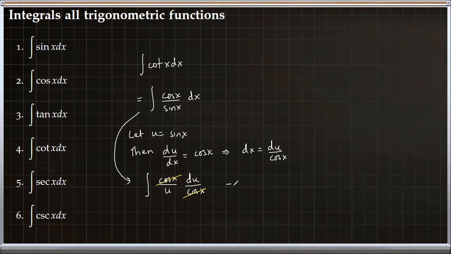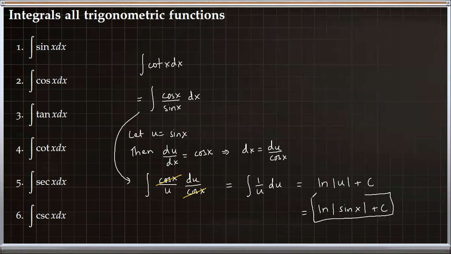Then all we are left with is integral of 1 over u du. And we know that the integral of 1 over u is natural log of absolute value of u plus constant. Now we can replace the expression for u back. So we get natural log of absolute value of sine x plus constant. So this is the antiderivative of cotangent of x.